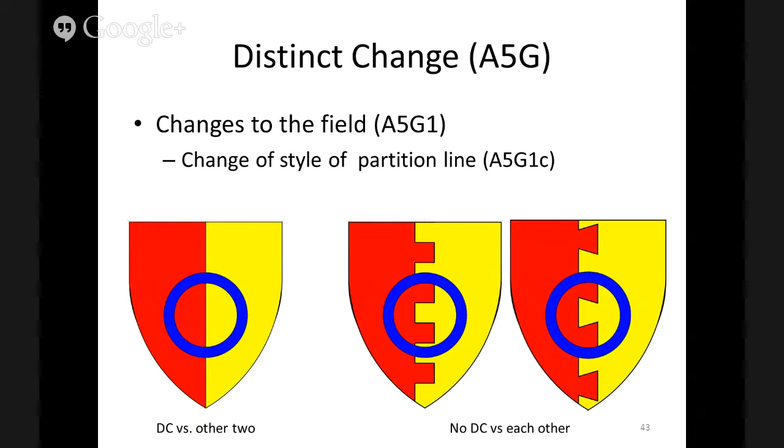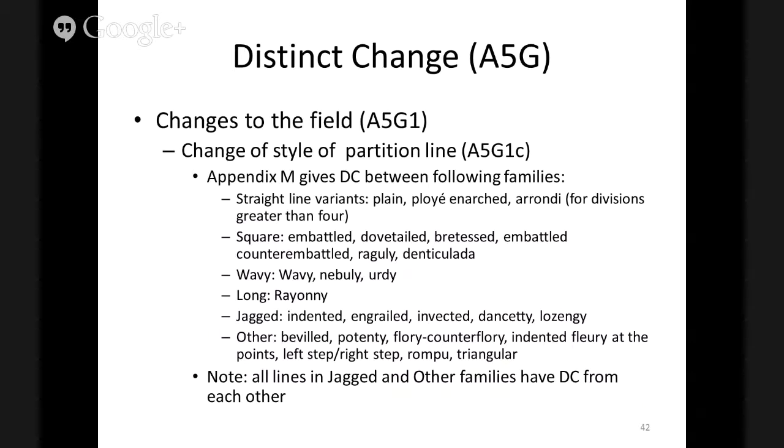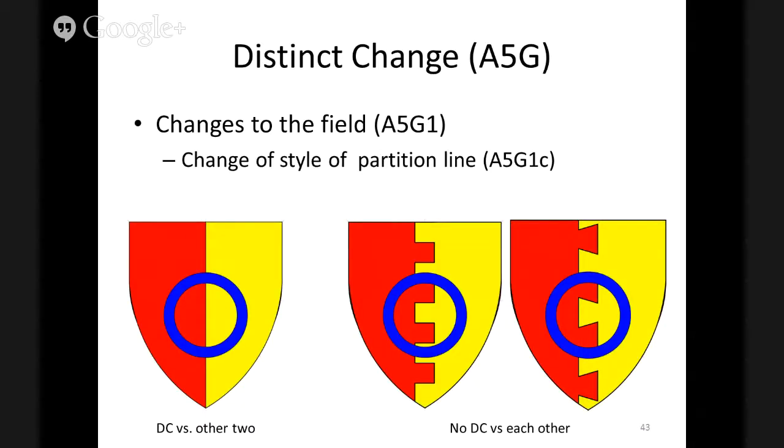Okay, what's the division line on the third one? Dovetailed. It's got a DC against the plain, right? Does it have a DC against the embattled? No. Let's go back and look. Embattled and dovetailed are both considered square. So no DC. And again, it makes sense. How different are they? You've got a guy coming at you on horseback at 40 miles an hour. Can you tell if those corners are 90 degrees or not? It's kind of squarish.